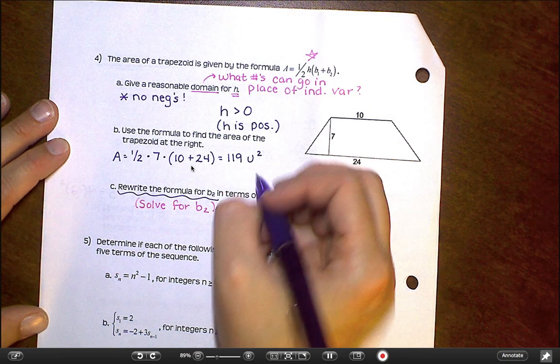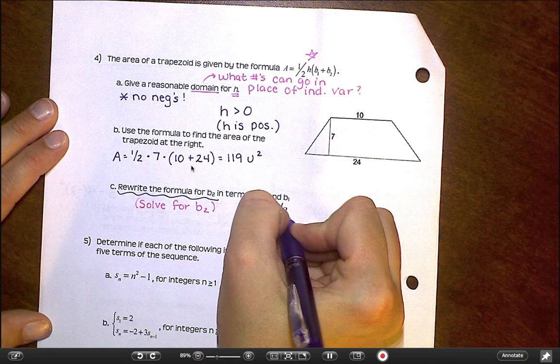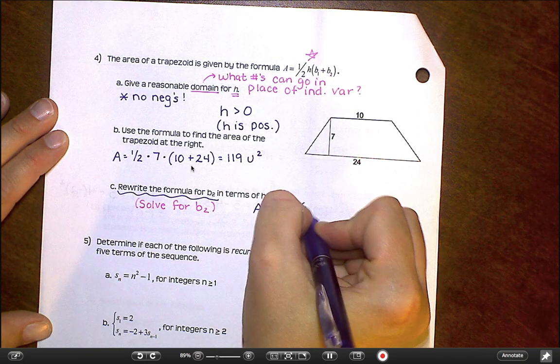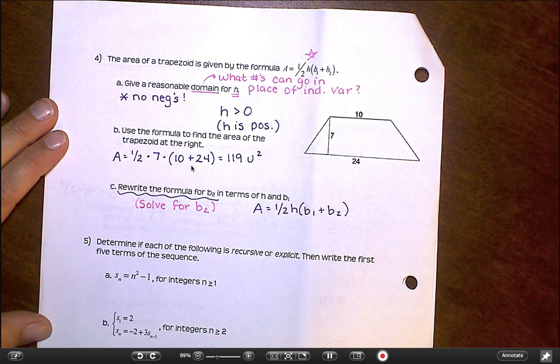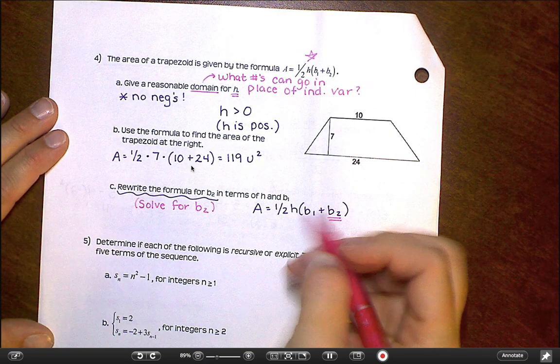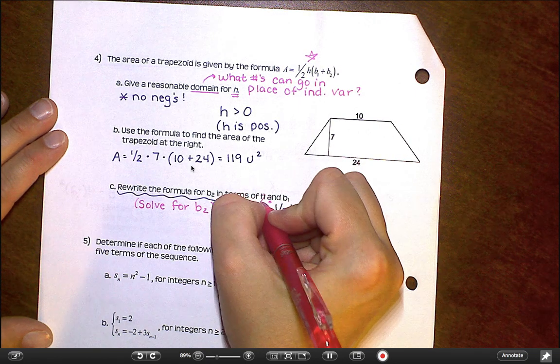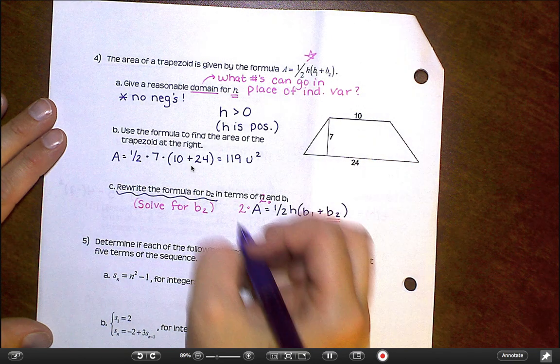So let's try it. Here's my formula. This is what I'm digging for. I always start with the fraction though, so I'm going to multiply by 2. Remember, don't divide by 1/2 here, because that's going to look ugly on the other side.